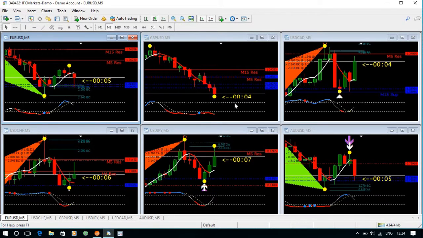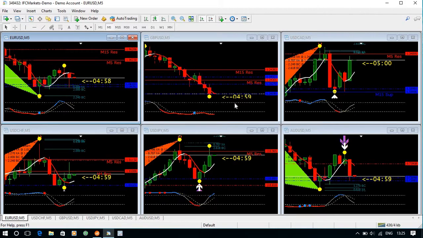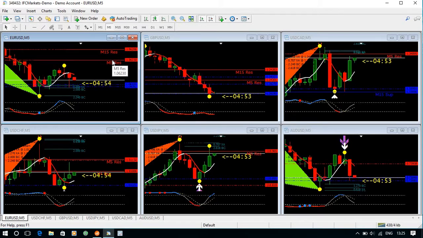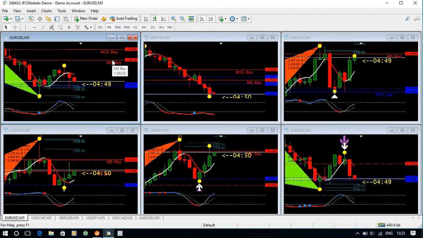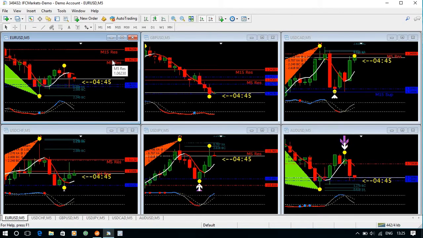What I tend to advise as well, when you're doing the time scales, if you are on the 5-minute ones, I tend to do 3 times the time which is shown. So if it's a 5-minute time scale, you're looking for a 15-minute expiry.